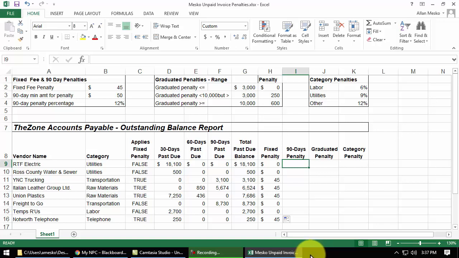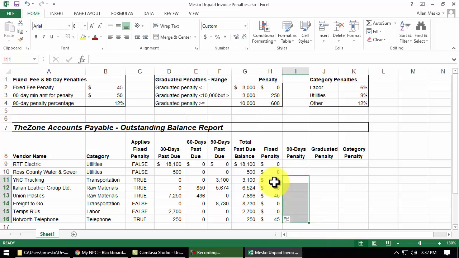For accounts with a 90-day past due balance of $50 or more, apply a fee of 12% on the 90 day past due balance. If they owe more than $50 for 90 days, apply 12% on that balance. For all other accounts, no penalty is applied.